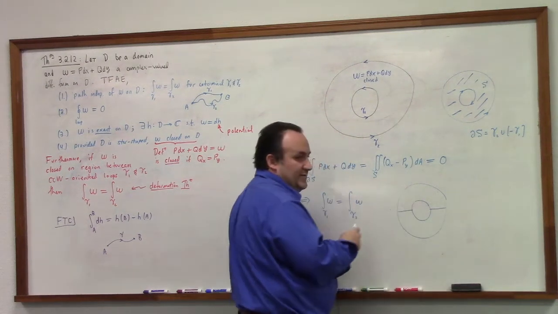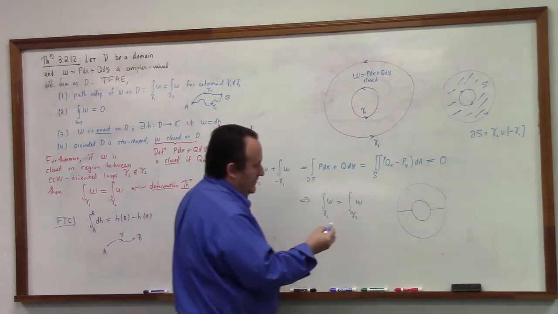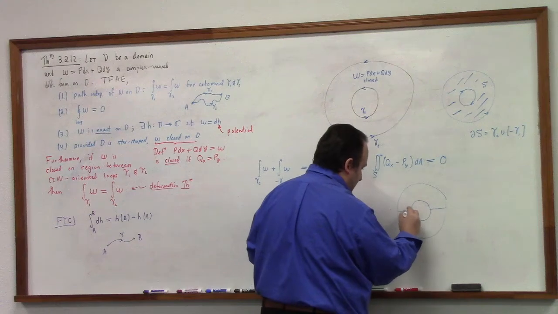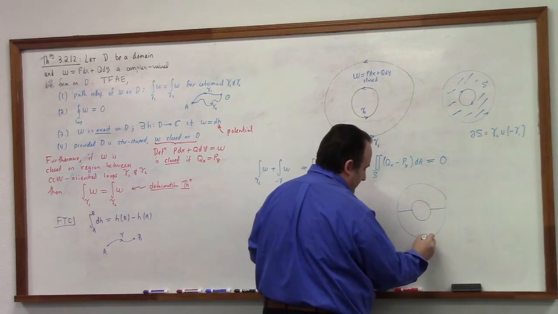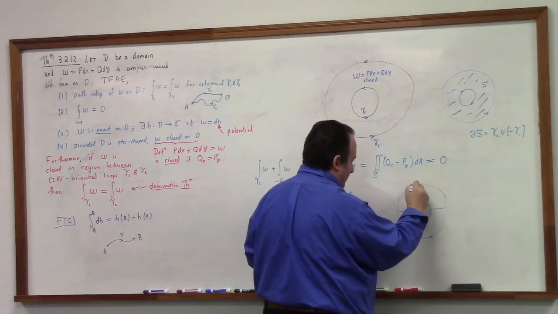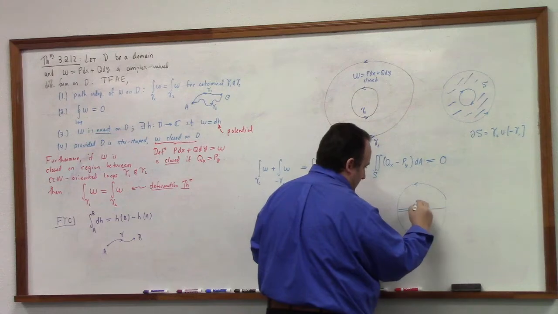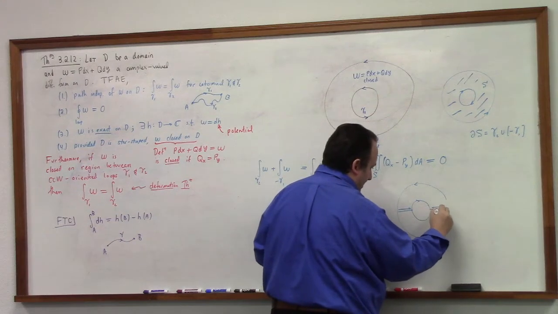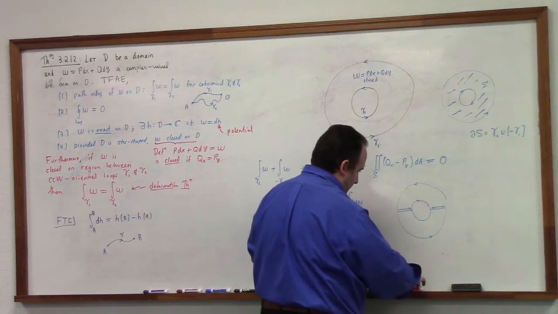The top piece and the bottom piece are both simply connected. And so you put in these crosscuts, so this way up here, and this, and then on the bottom.